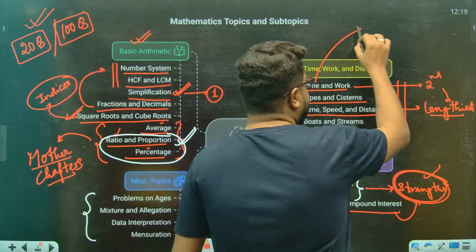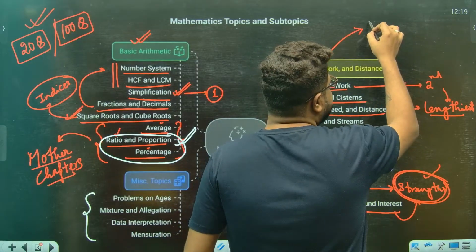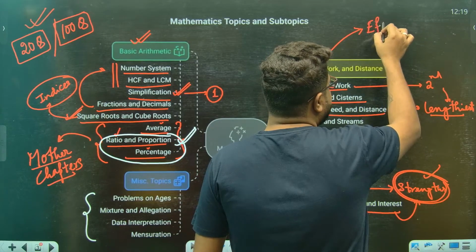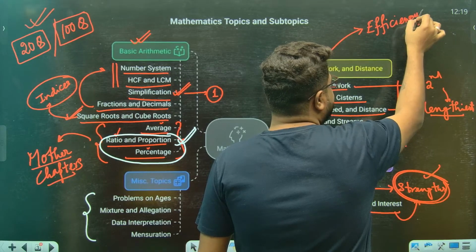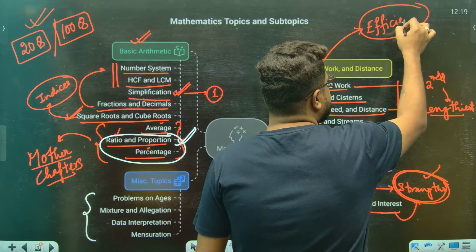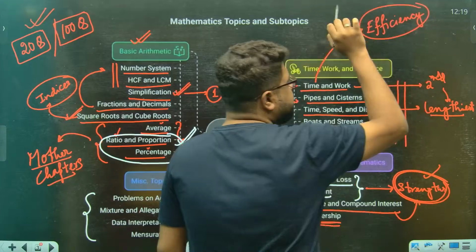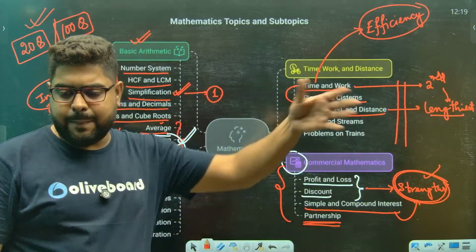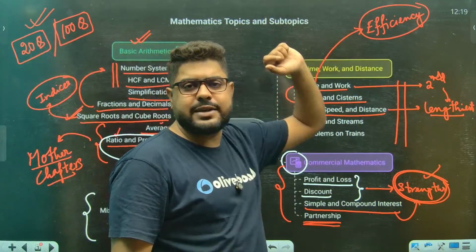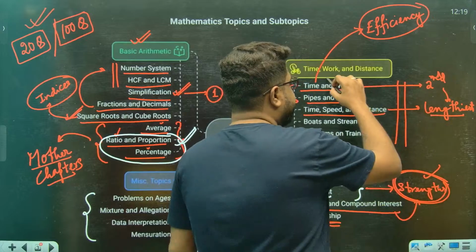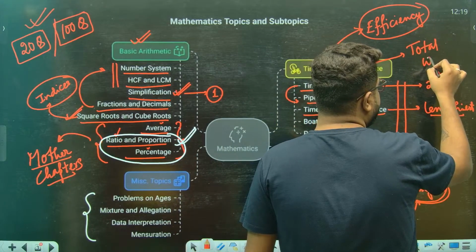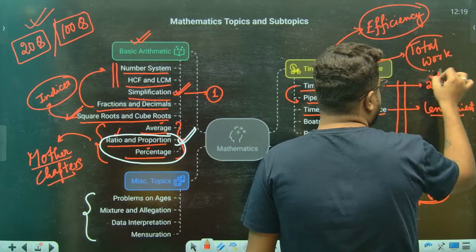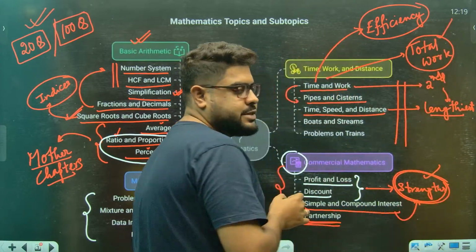Because it has two types of questions: one based on efficiency, and another type based on total work, which we also call MDH type questions.